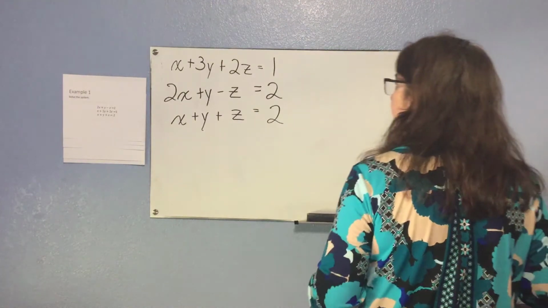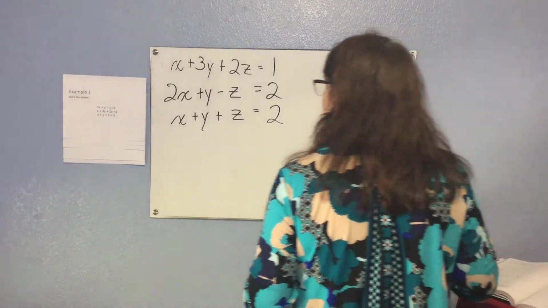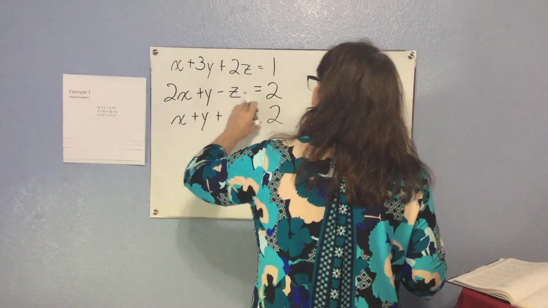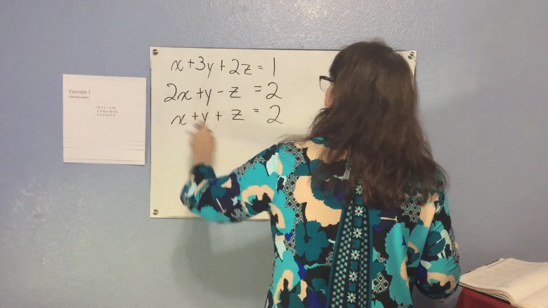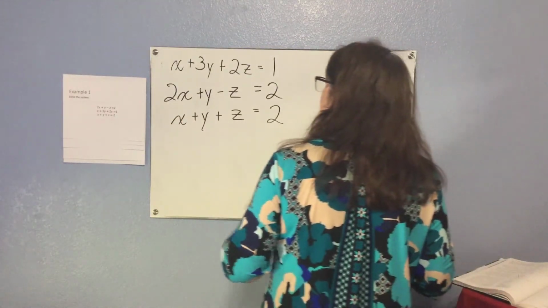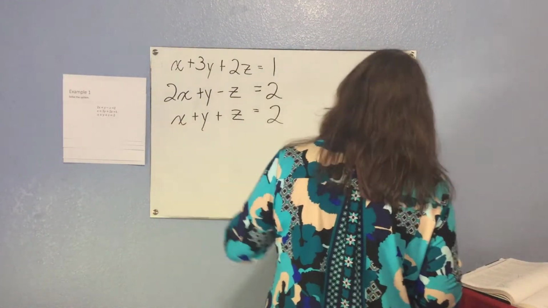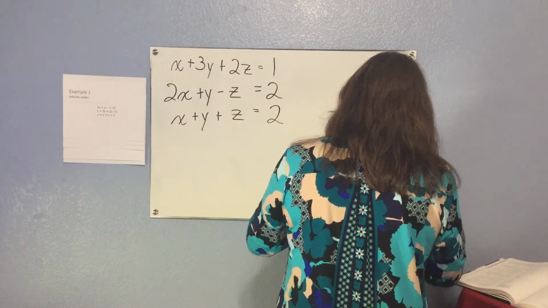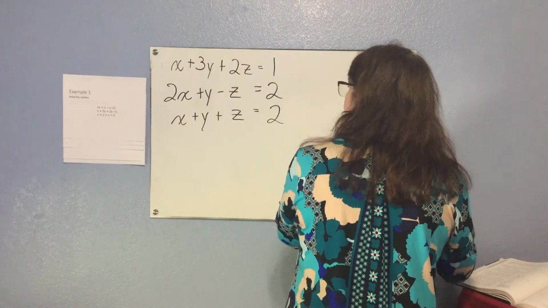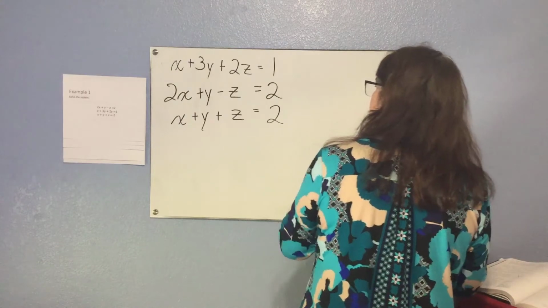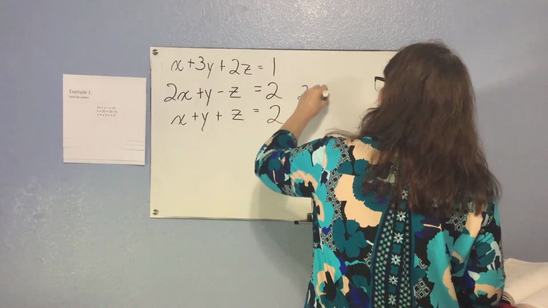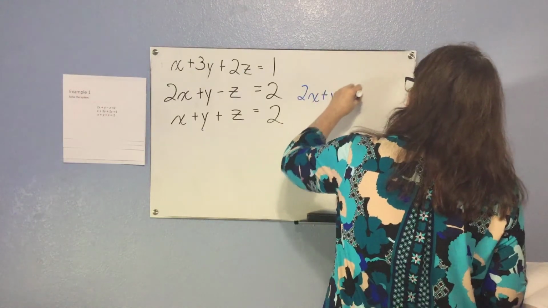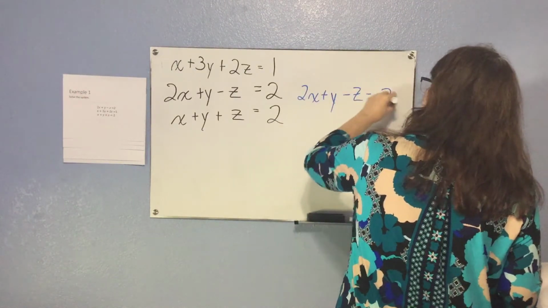Now the next thing I want to do is to eliminate the x coefficients, or the x variables, from both of these equations. So I'm going to start with the second equation where the coefficient of x is 2. So I've got 2x plus y minus z equals 2.